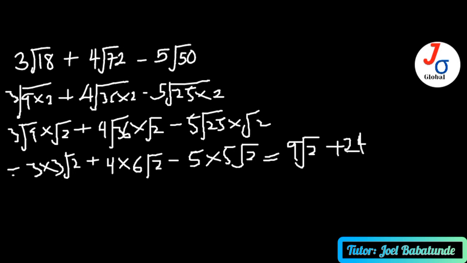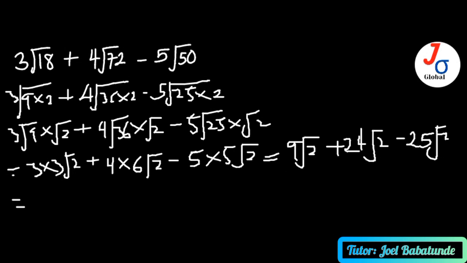24 root 2, then minus 25. 5 times 5 is 25 root 2. Okay, now all these are similar, so it's root 2, root 2, root 2. So what should I do?